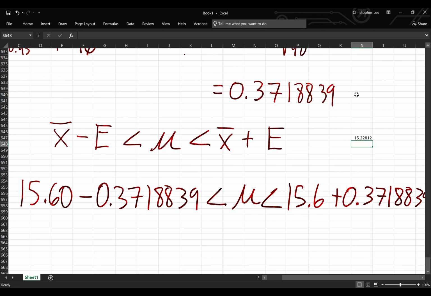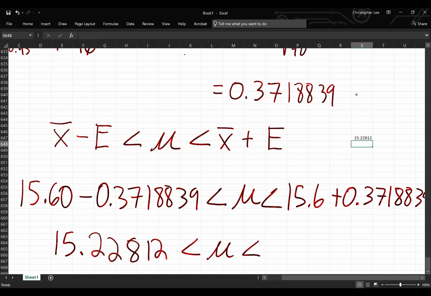Because the formula told us to. So this is 15.22812, whatever, less than mu, less than, then you're gonna add it. So 15.6 plus the 0.39, whatever. So then I got 15.697188.